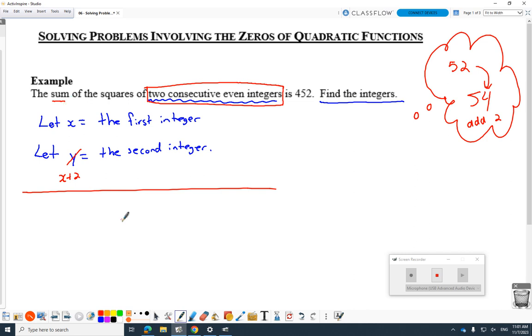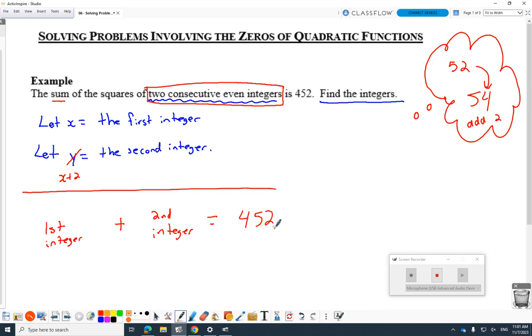So, word equation coming here. Not an algebra equation, a word equation. So, if I take the first integer, and I've left something out, and I add the second integer, and I've left something out, stick with me, those are supposed to add up to 452.